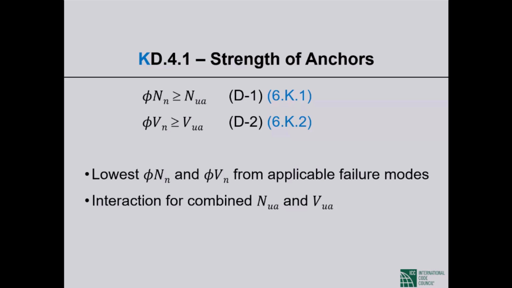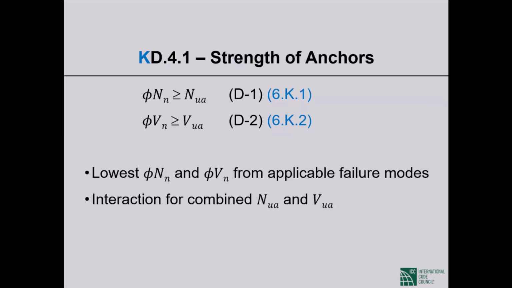Whichever failure mode gives us the lowest design strength is the failure mode that governs, and that lowest design strength still has to be larger than or equal to the required strength. And if an anchor is subject simultaneously to tension and shear, then the interaction between shear and tension has to be considered.